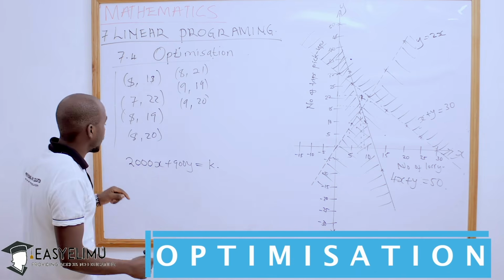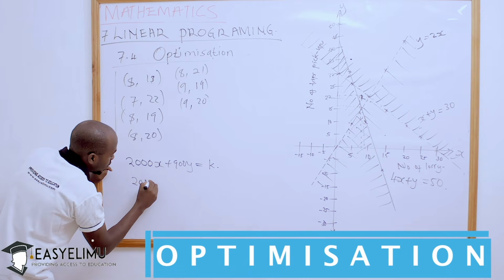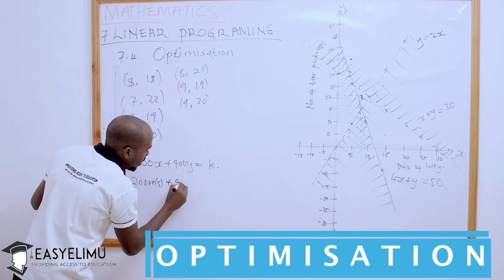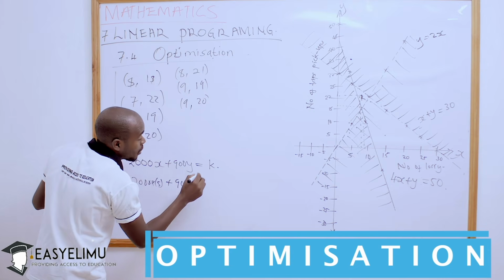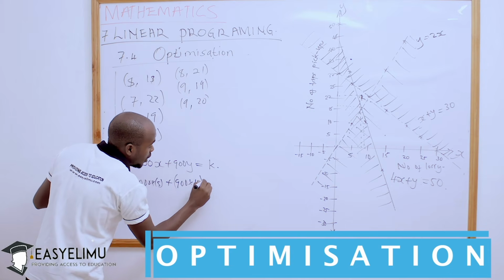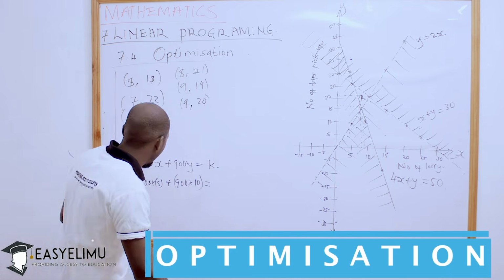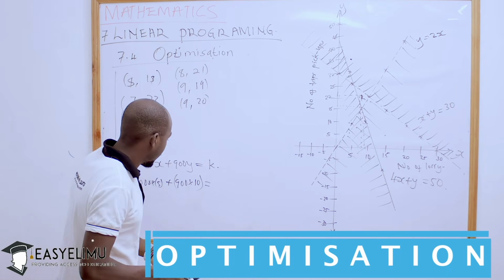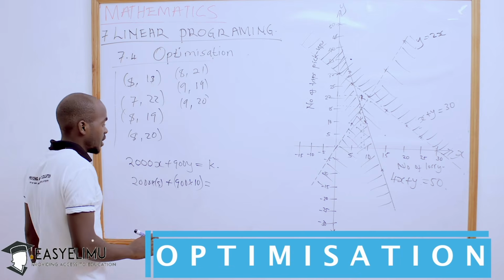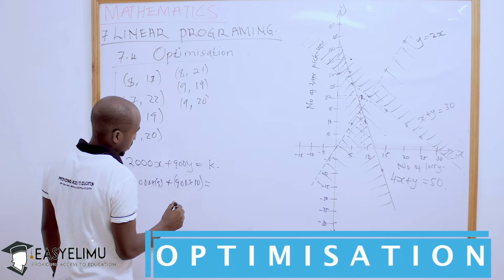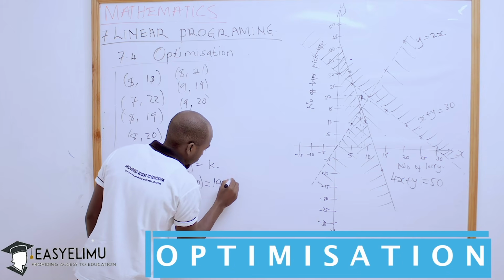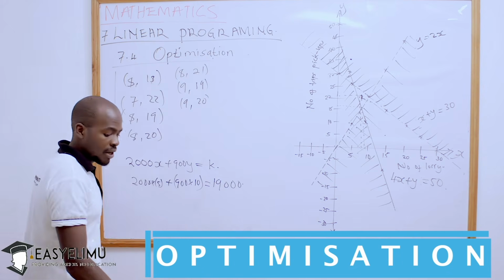If we select (5, 10), we shall say 2000 multiplied by 5 plus 900 multiplied by 10. Then we add: 10,000 plus 9,000, we get 19,000.